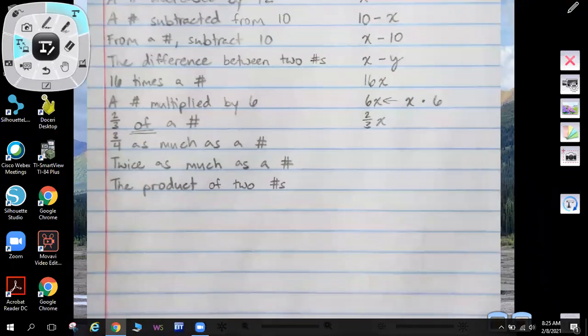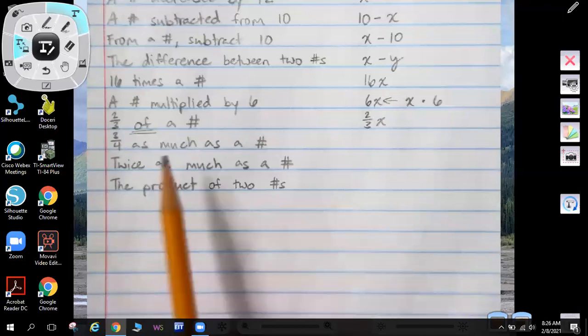Okay, 3/4 as much as a number. 3/4 as much as a number also means multiplication. And 3/4 kind of throws me off. Sometimes you're more likely to hear half of a number. So when you hear half of a number, you take that number and you divide by 2, which is the same as multiplying by 1/2.